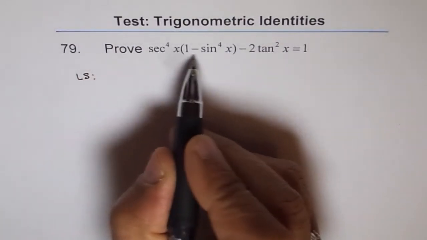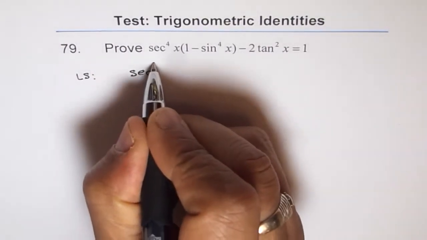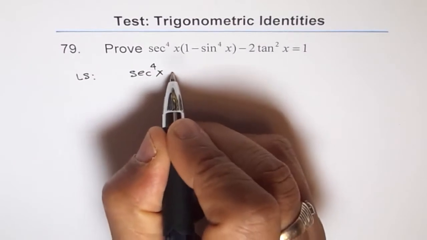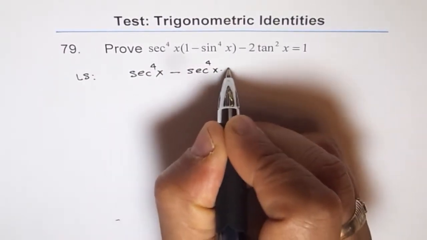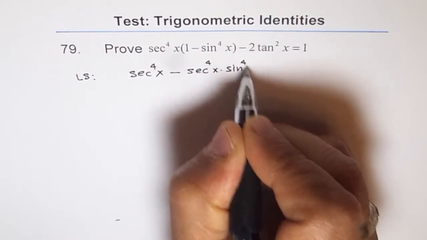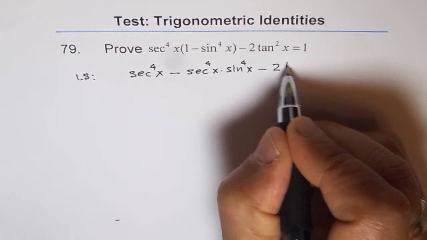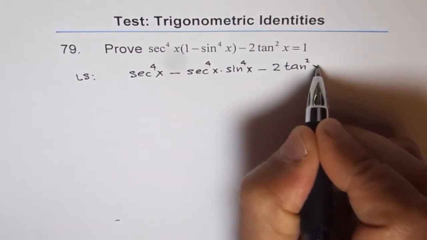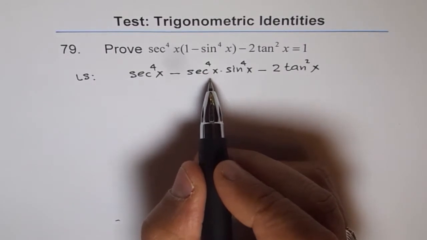Now we'll open the bracket and we can write this as secant 4x minus secant 4x times sine to the power of 4x, minus 2 tan square x. Now, what is secant?